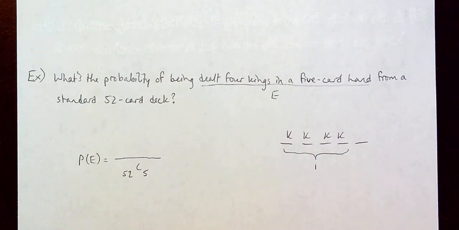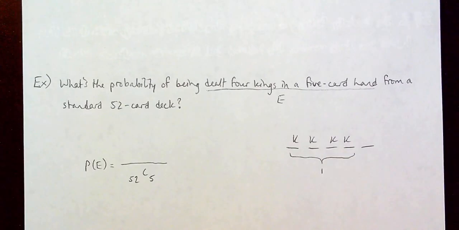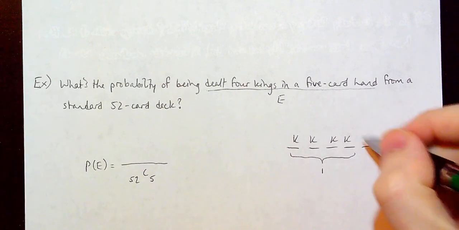The 5th card, though, is essentially free. This card right here can be whatever we want it to be. We have the total 52 cards, but we've already been dealt 4 of them, namely the 4 kings. So if we take 4 cards out of that 52, we have 48 cards left over, and we can be dealt any one of those 48 cards.